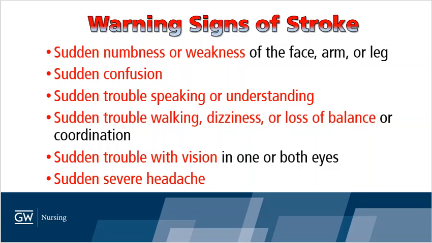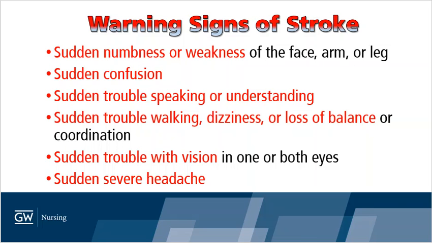Sudden trouble walking, or they have difficulty with balance and they are just super dizzy and can't even hold their head up. Loss of coordination, the sudden vision changes. So all of a sudden they're like, I am seeing two of you, or this can happen in both eyes or just one eye, depending on where the stroke could be happening in the brain.